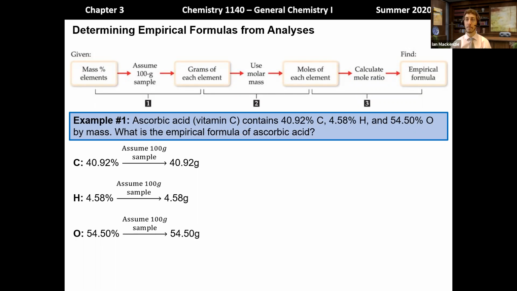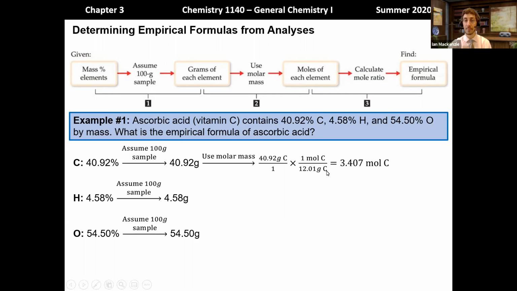So now I have mass information of each element. Now I convert each of those to moles by simply using the molar mass or atomic weight of the element. So using the molar mass, 40.92 grams divided by 12.01 grams is equal to 1 mole. So that's now a conversion factor.